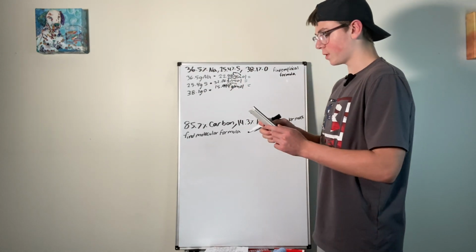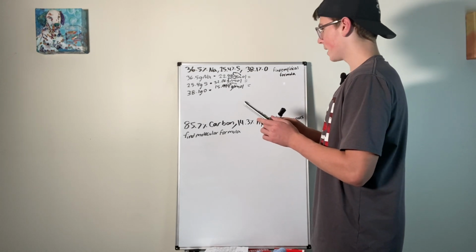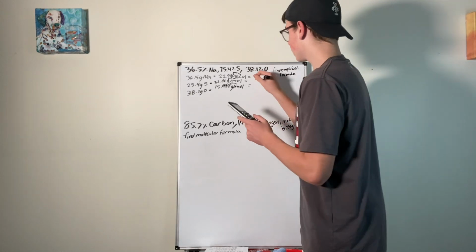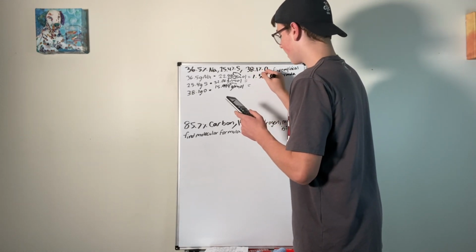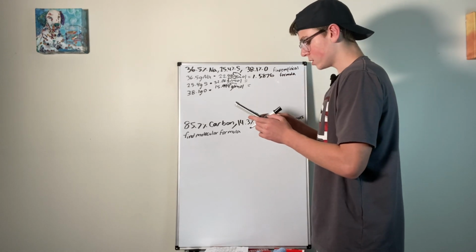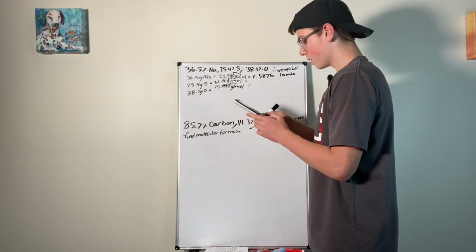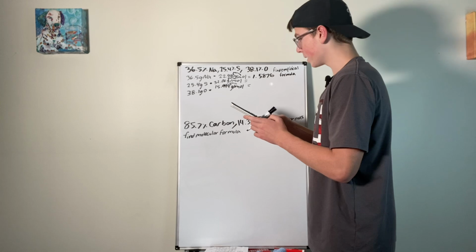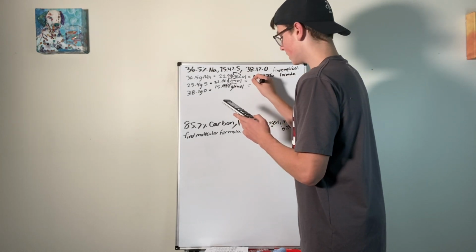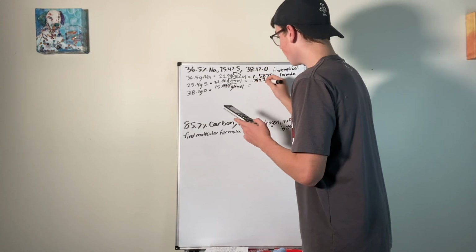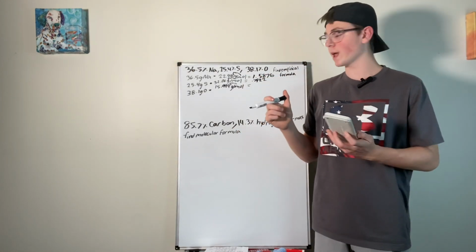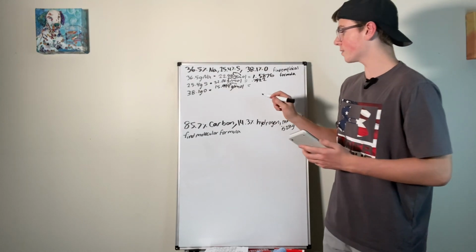So 36.5 divided by 22.99 would give us 1.5876. Let it run out. Then 25.4 divided by 32.06 would give us 0.7922.